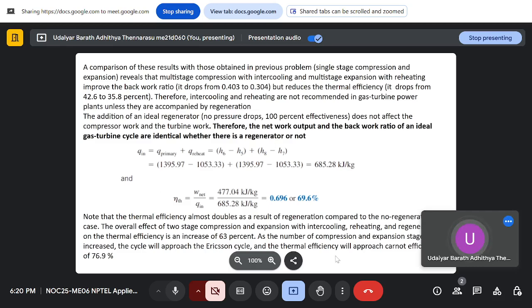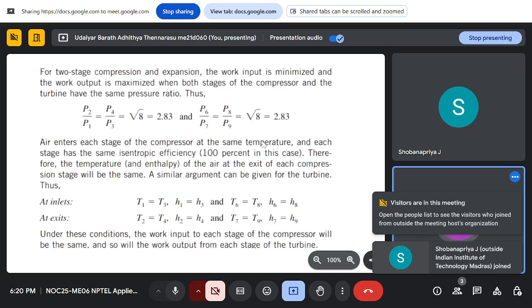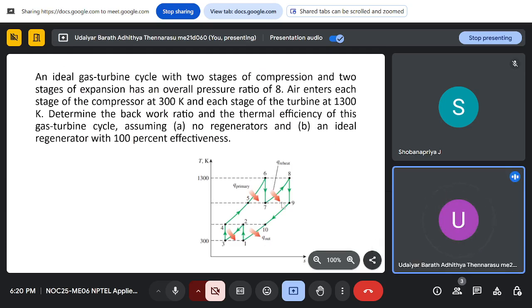But here it says multiple expansion, but having multiple expansion will again have problems. Once its capital cost will go down, but then each pressure ratio between each of the compressor and expansion will also come down. So the cycle may be ideal, but having more than 2 stages will not make practical sense.